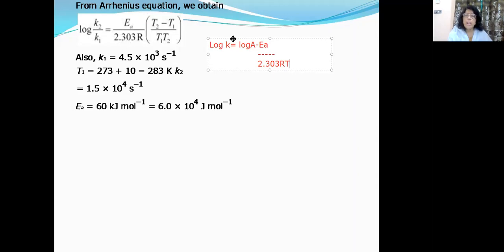Since A is constant for a particular reaction, the Arrhenius constant, K is written as K1 and T is to be T1.